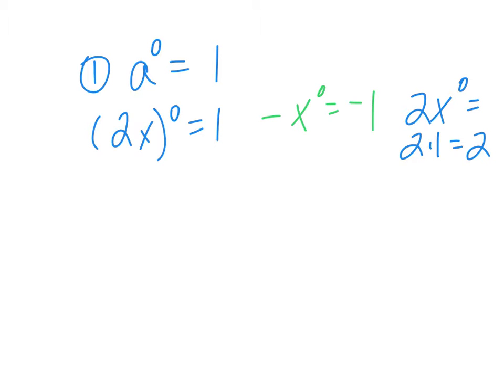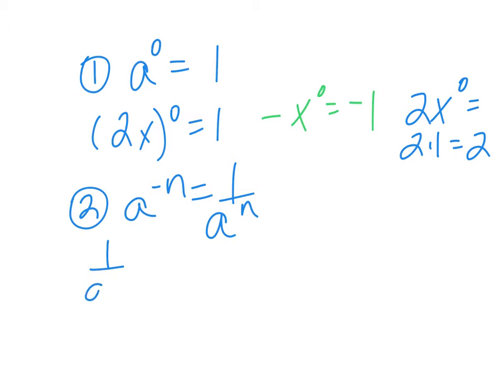All right. Number 2 is our negative exponent. Okay, so that's the rule. But you might want to write on the other side that, if this is in the denominator, then it becomes the numerator. Let's do some examples.